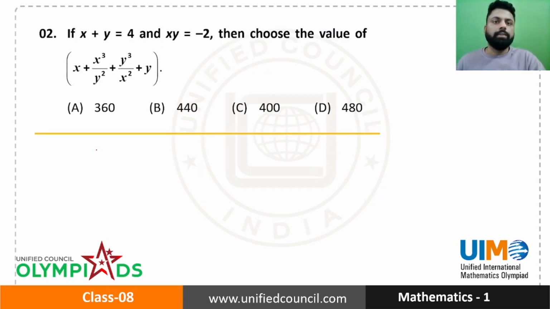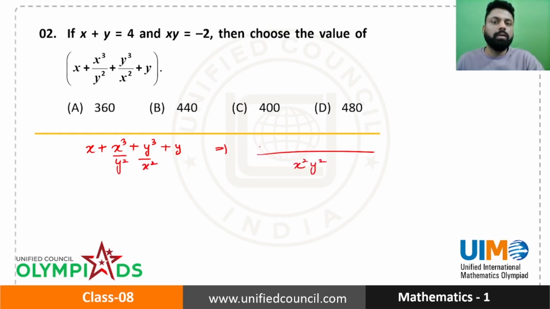x plus y is given, xy is given, the product of xy, then choose the value of x cube plus x plus y cube plus y upon x square y square. So if we take the LCM, this is x square y square.